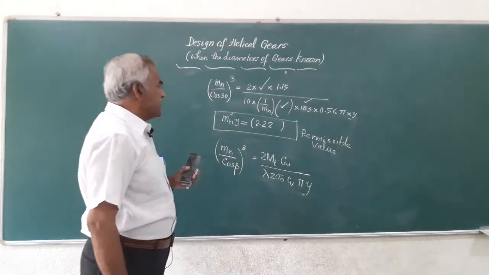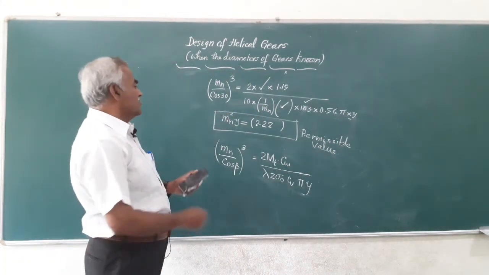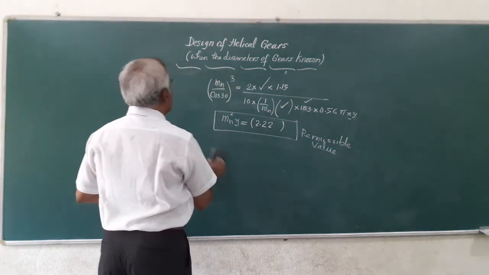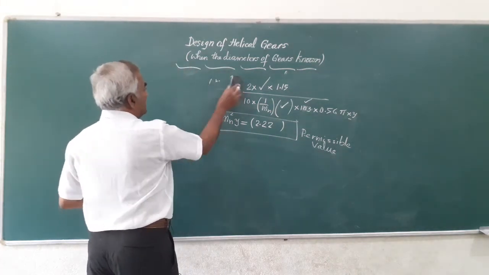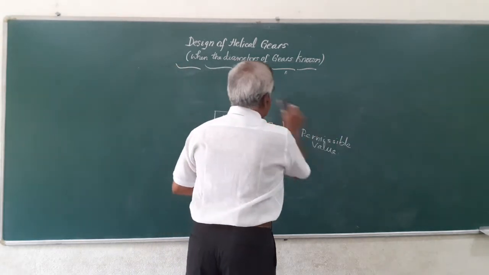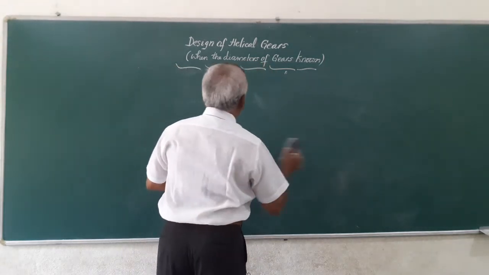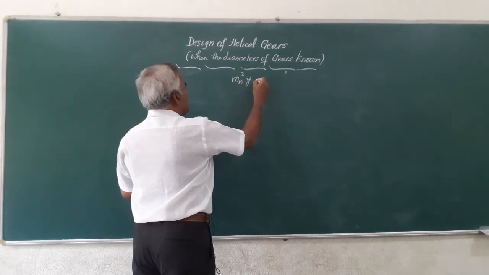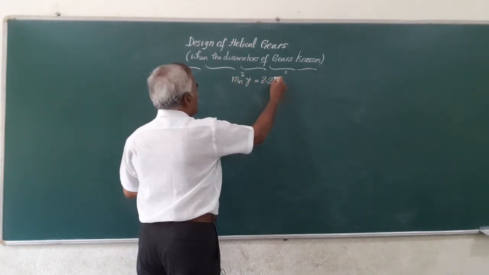Friends, after getting this final form of Lewis equation, let us see how to find out the module mn. So I will just write down this equation. Mn square y is equal to 2.22.